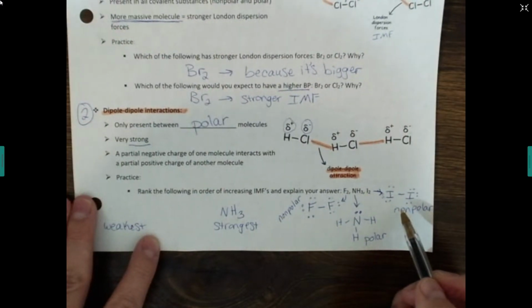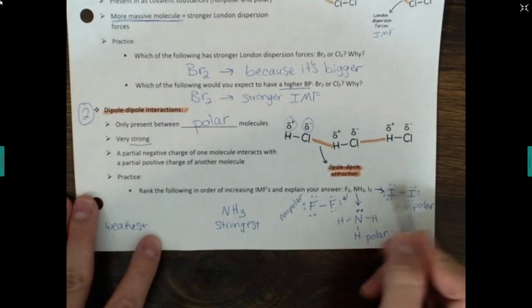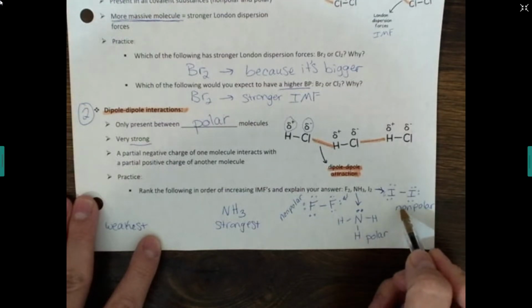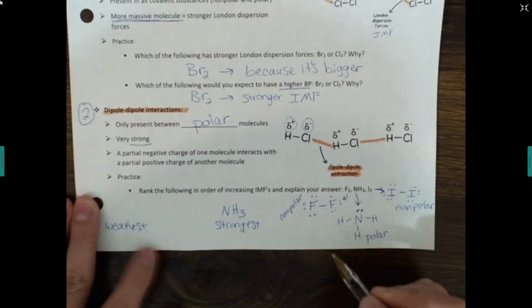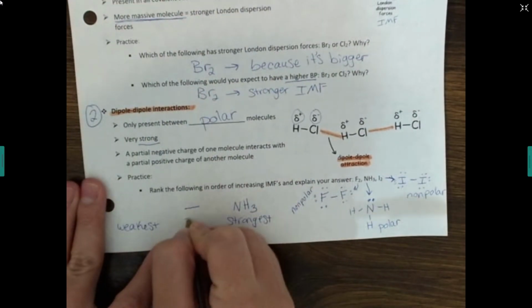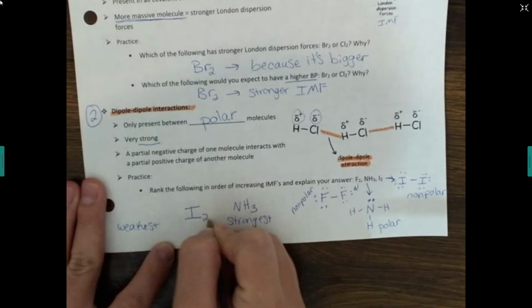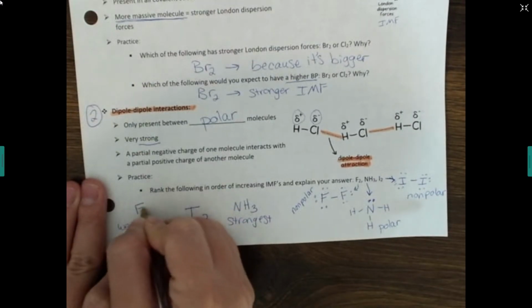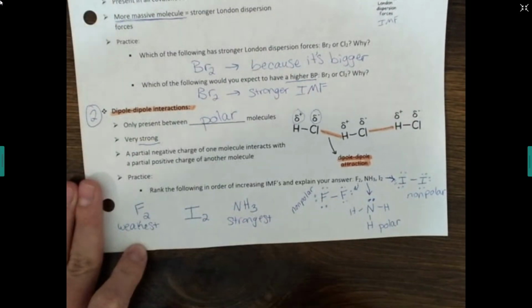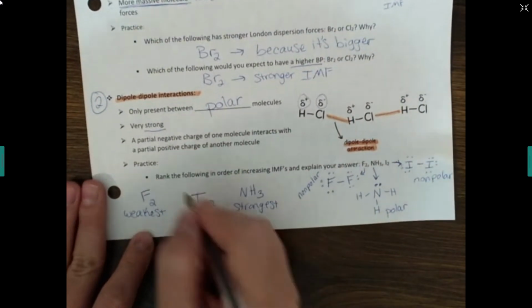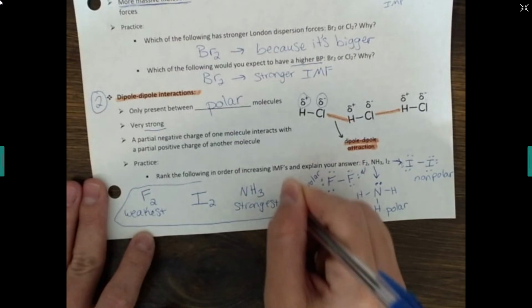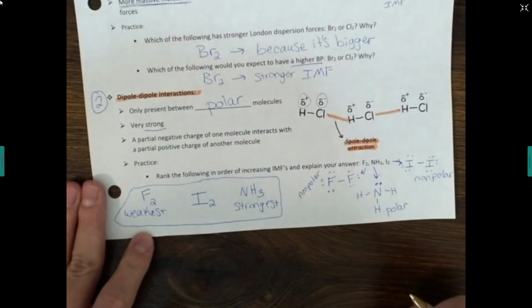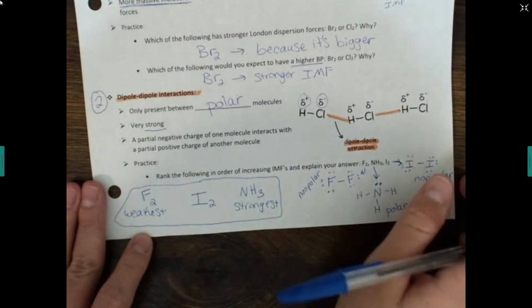Well, because iodine is bigger on the periodic table than fluorine, iodine is going to be the next strongest. So iodine is going to be right here. And then fluorine will be our weakest. Okay? So this would be the order right here, weakest to strongest. Okay? That's how you do a problem like that.